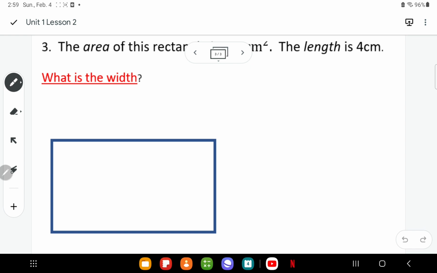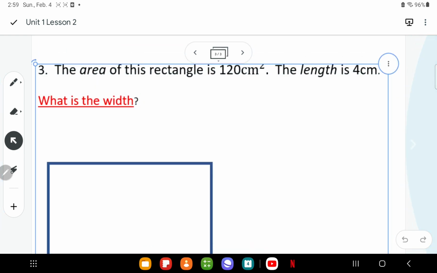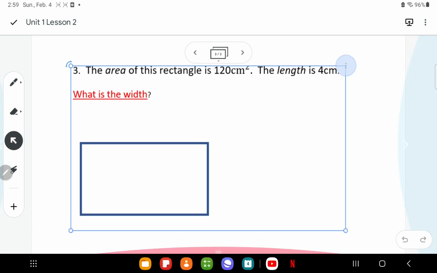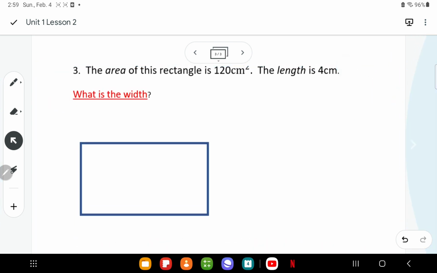The last example, we've got the area of this rectangle is 120 centimeters squared. The length is 4 centimeters. What's the width? So I have one side that's 4 centimeters and the area is 120 centimeters squared.